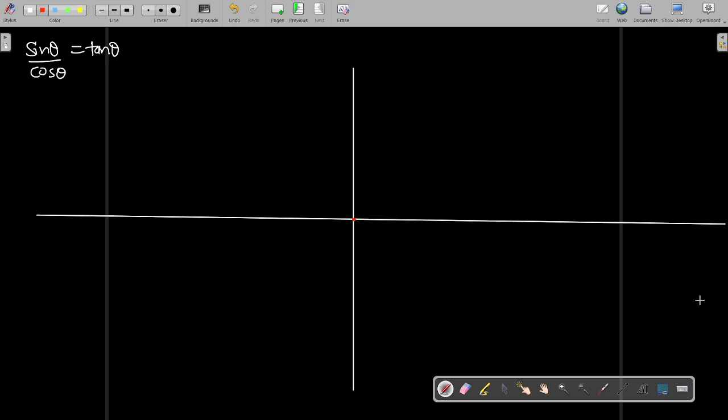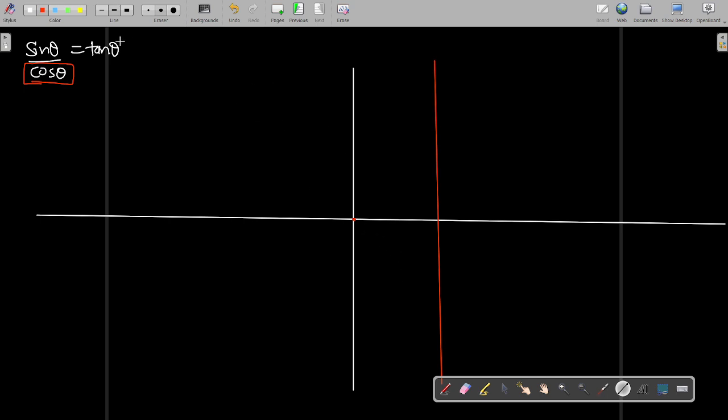Now, at 90, cos is 0. Zero divided by zero is undefined. Anything divided by zero is undefined.